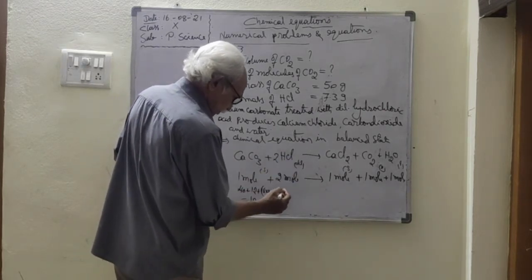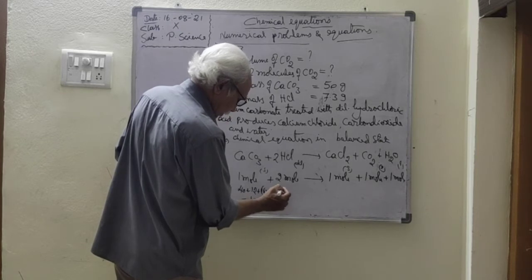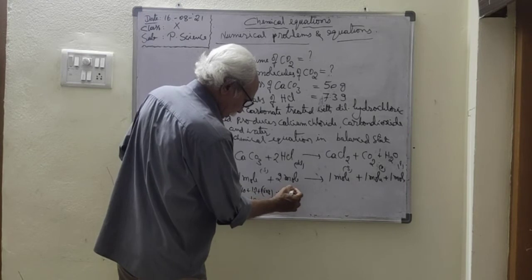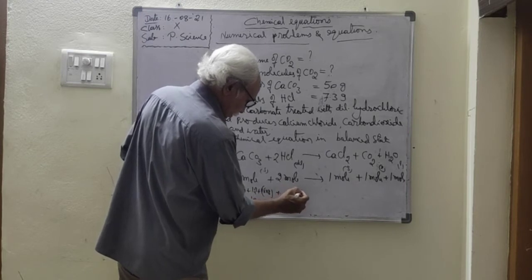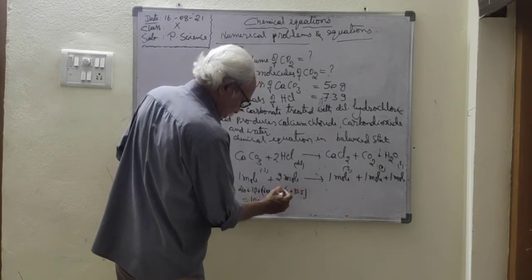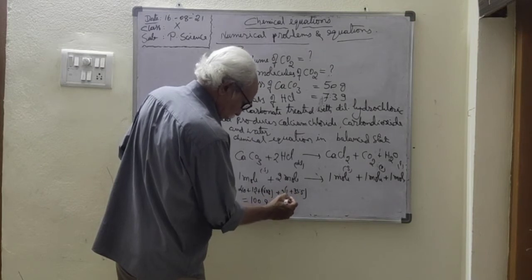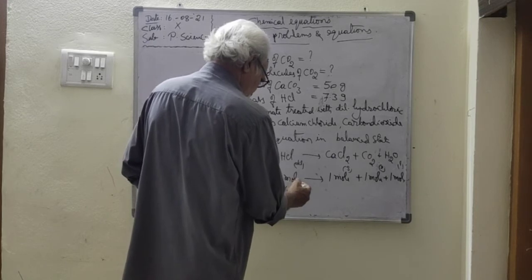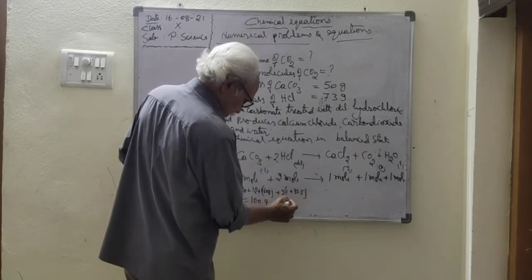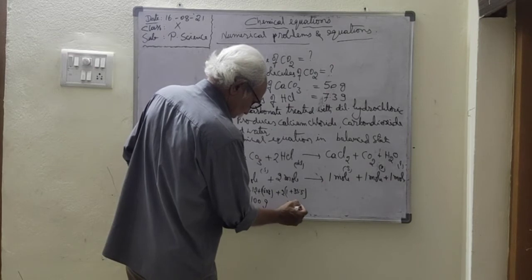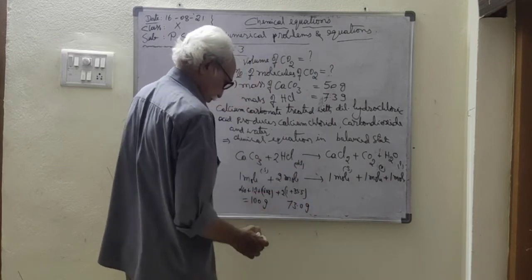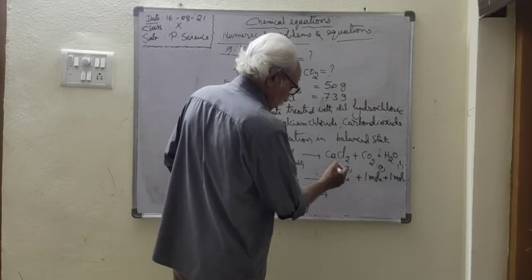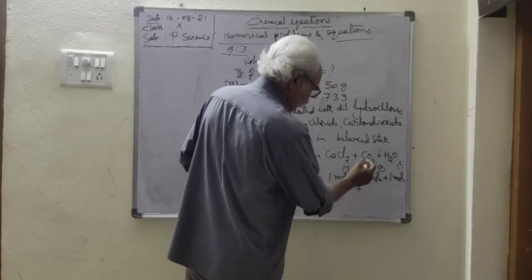In HCl, hydrogen 1 plus chlorine 35.5 into 2 is equal to 73. So it is equal to 73 gram, and produces calcium chloride 1 mole and carbon dioxide.